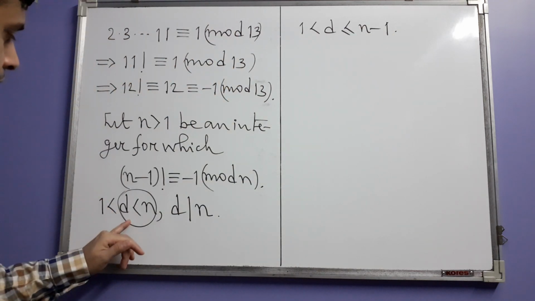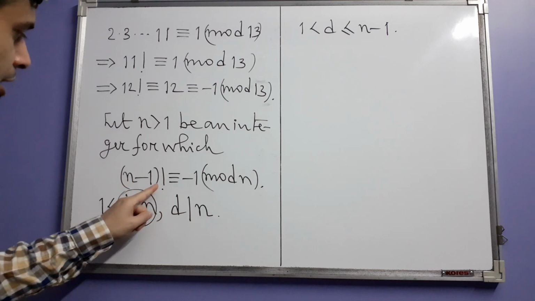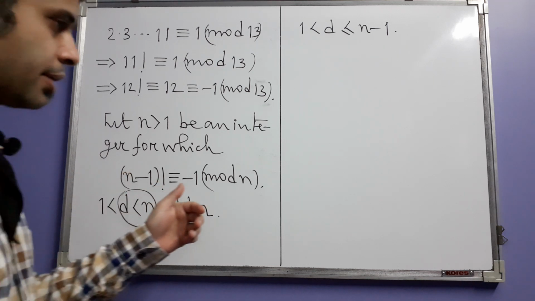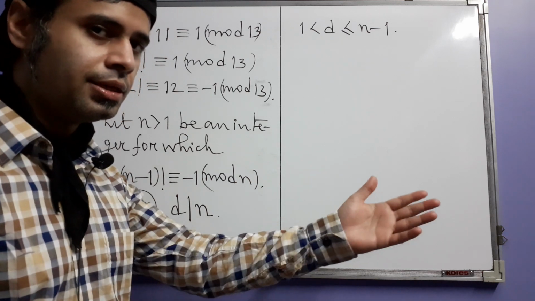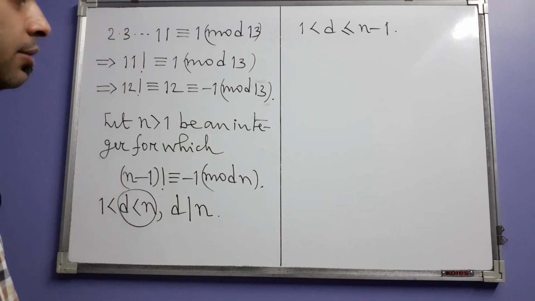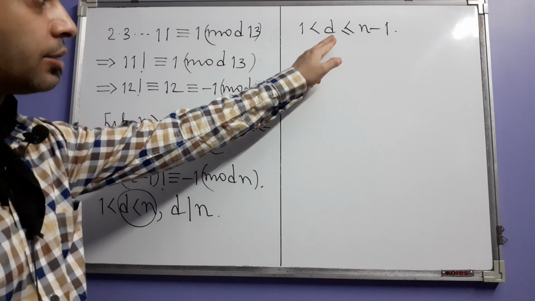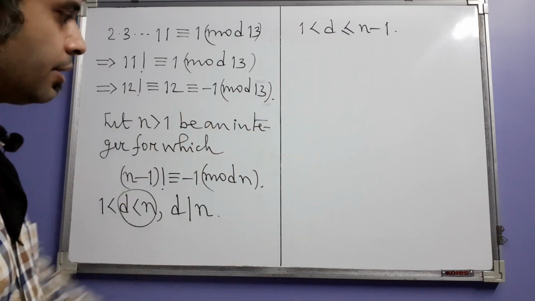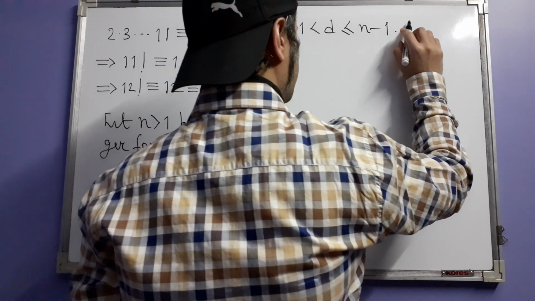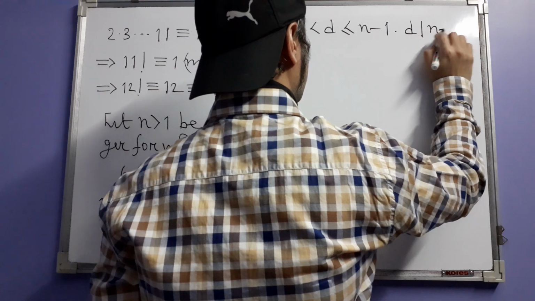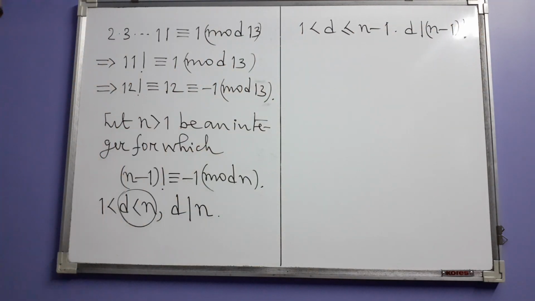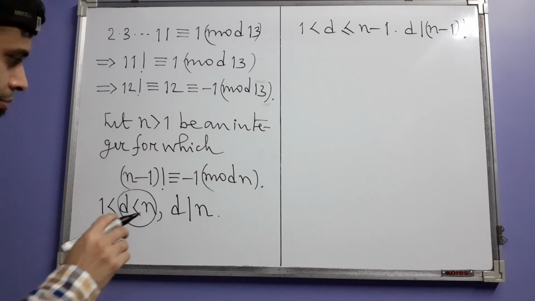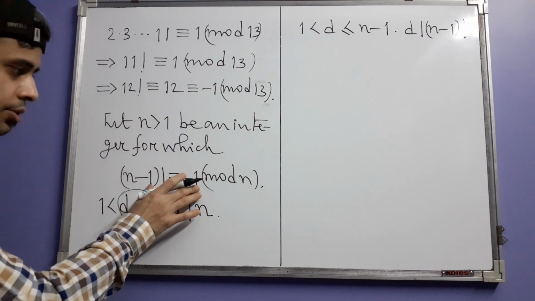And that is why when you write n minus 1 factorial as what it is, that is 1 times 2 times all these integers up to n minus 1, one of those factors will be d, and that's why d divides n minus 1 factorial because of that. But at the same time, what are we getting from this congruence?